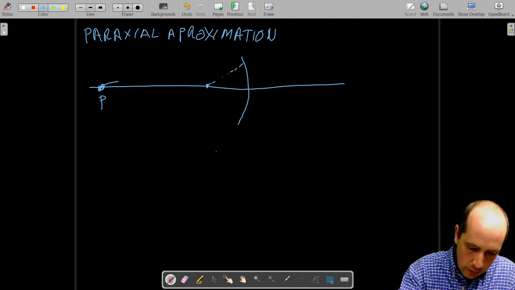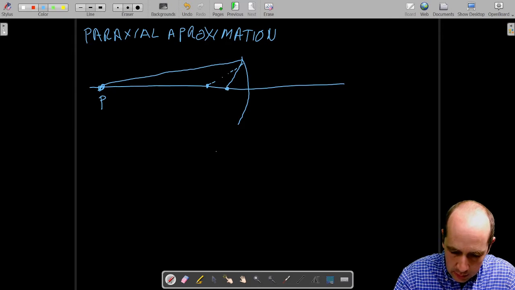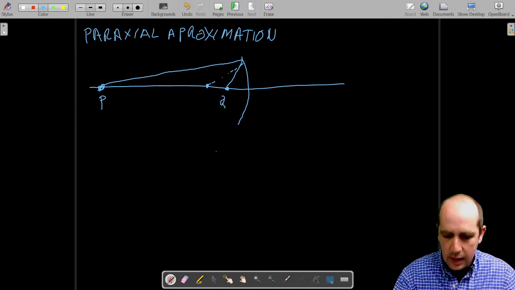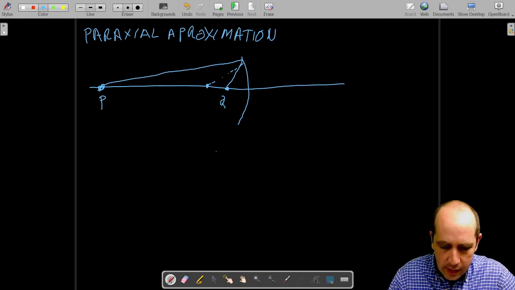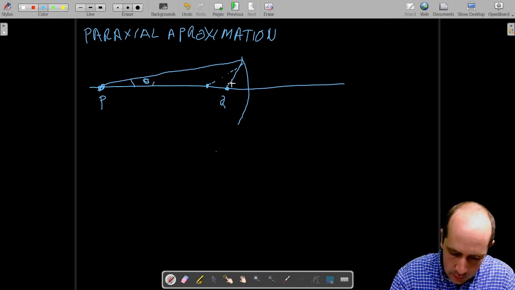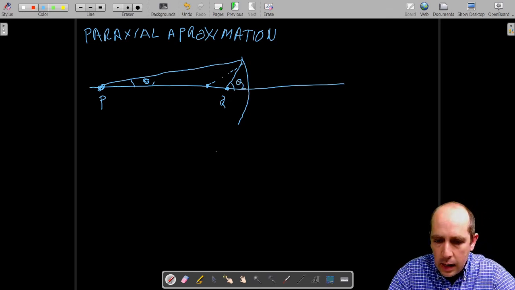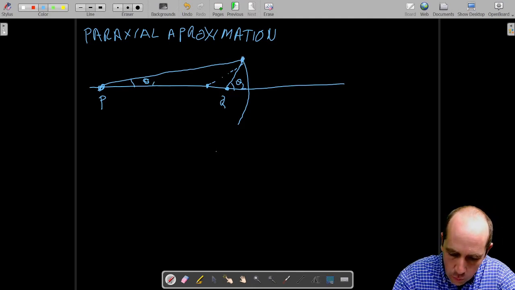And this produces something that looks like that, and here at Q we will have the image. So this is just reproducing what we already had. We had some names for these angles: this was called theta 1, this one over here was called theta 2, and we will add one name to one point. We will call this point G.